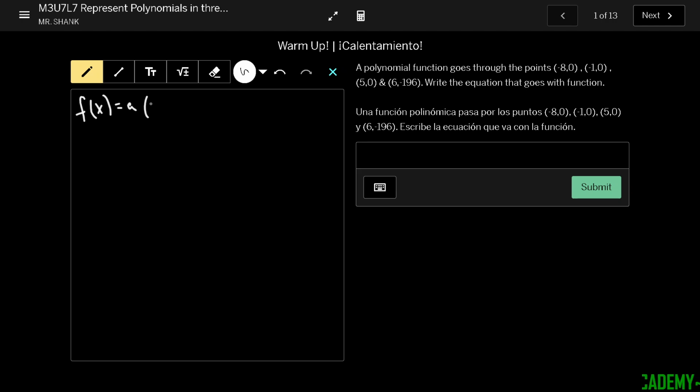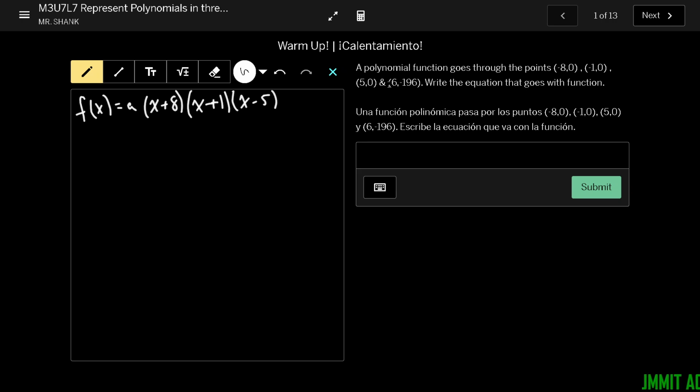So I'm going to say I have x plus 8 times x plus 1, and I can say, make sure it's a plus, and I can have x minus 5. So I know that these are my 3 x-intercepts, and I just have to take the opposite of them to write out that factored form. So I already have 95% of my equation just by writing out those 3 pieces.